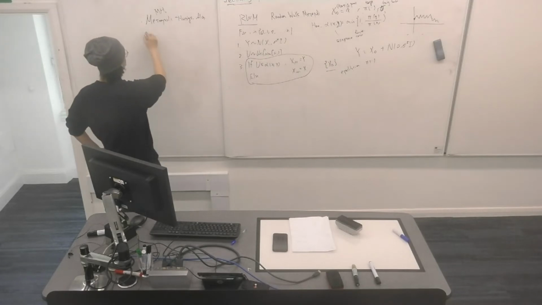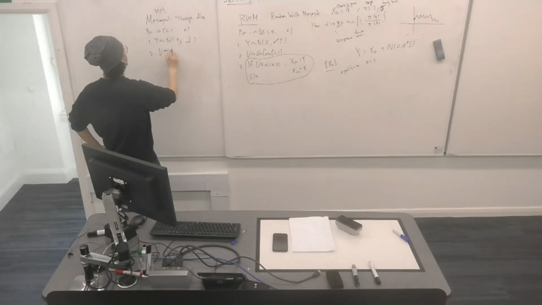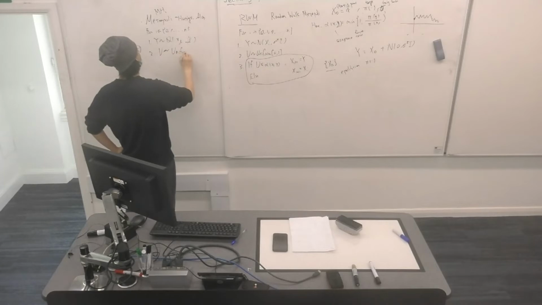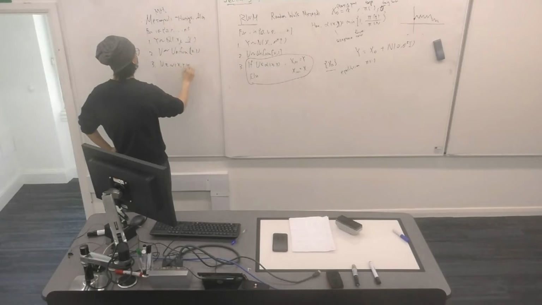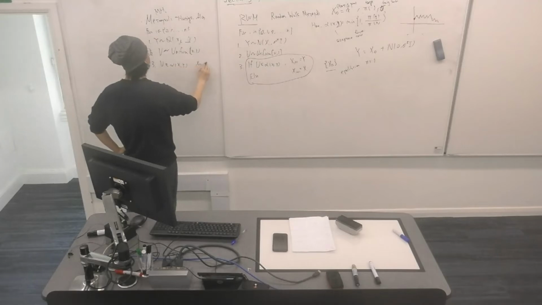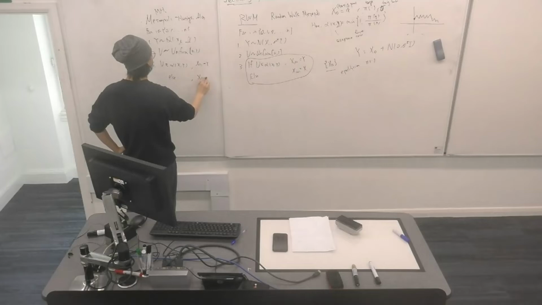So for i in 0, 1, up to 2n, from x_i, draw u from uniform(0, 1). If u is smaller than alpha(x_i, y_{i+1}), we accept; otherwise, we reject.